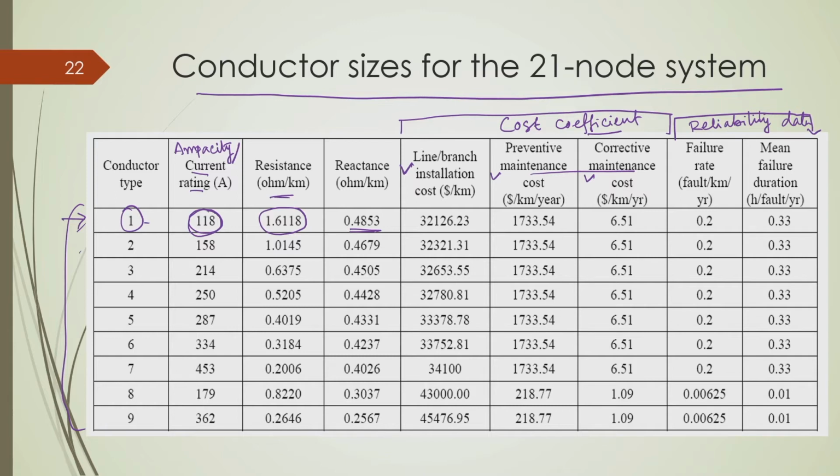Okay. So, these data are provided over here. One is 0.2 failures per kilometer per year, and the other is 0.33. Okay. All right. Now, similarly, for all other conductor types, all this information is specified. Now, you can see the difference from one type of conductor to the other.